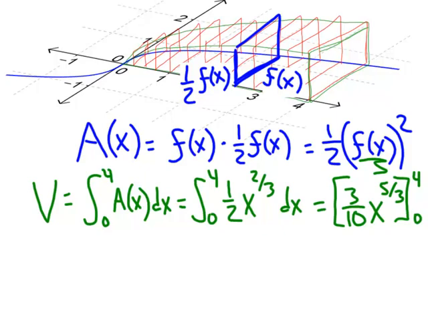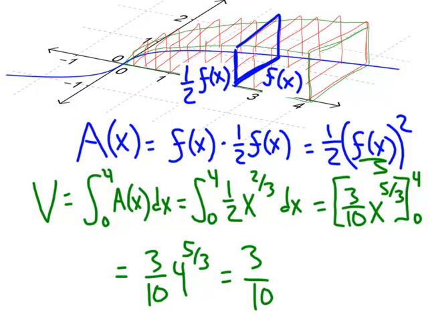We're going to need to grab a calculator here pretty soon, but let's go ahead another step or two. That'll give us 3/10 times 4 to the 5/3, and then this 0 will just produce a 0, so I don't need to worry about it. And finally, if I want, I could think of that 4 as 2 squared, which would allow me to write this as 3/10 times 2 to the 10/3. Again, we really just need to grab the calculator at this point.